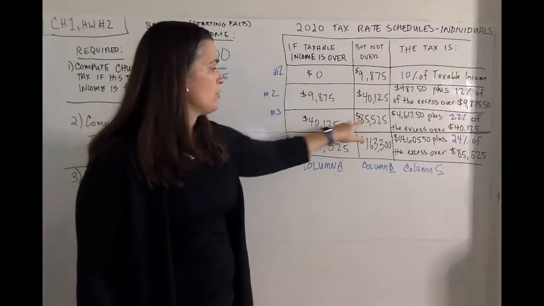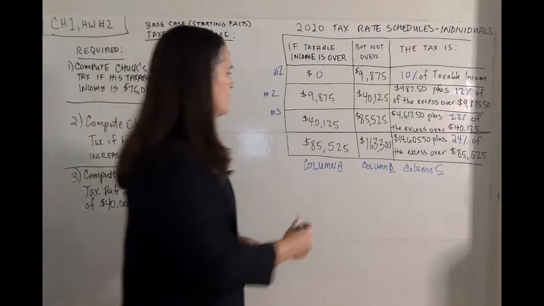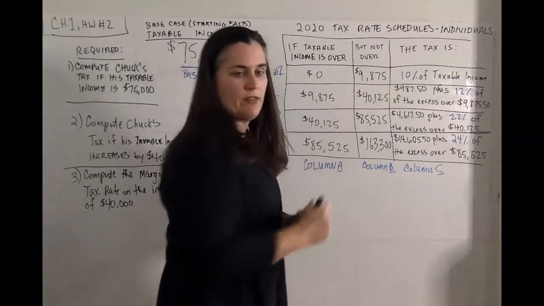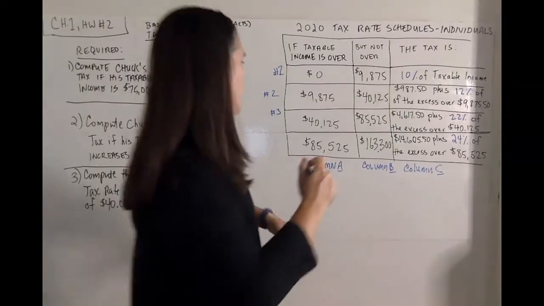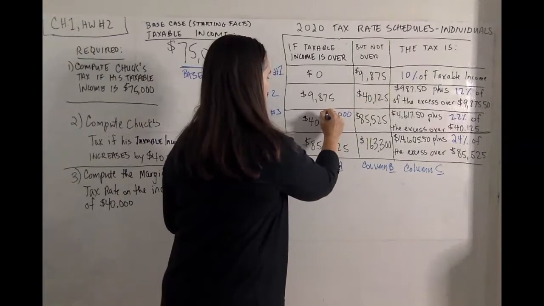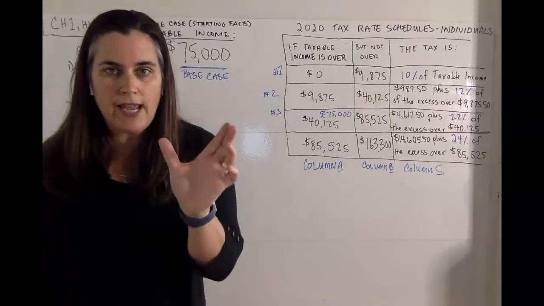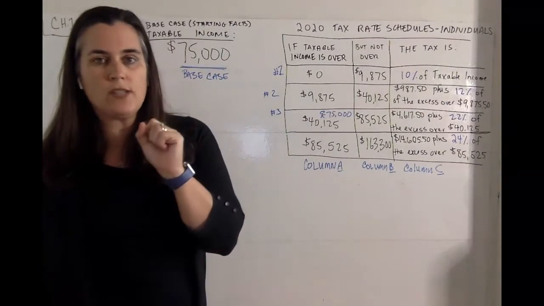So this is the range within which Chuck's $75,000 is going to fall. Okay, let's put a little $75,000 in here just to note that this is where Chuck is going to be. And I'll put a little person in here for Chuck. We've identified the range within which his taxable income falls.